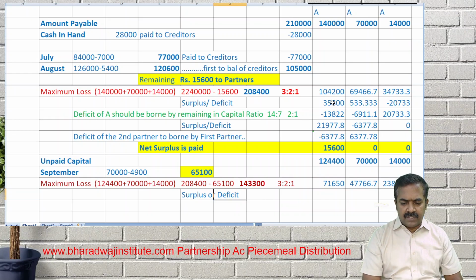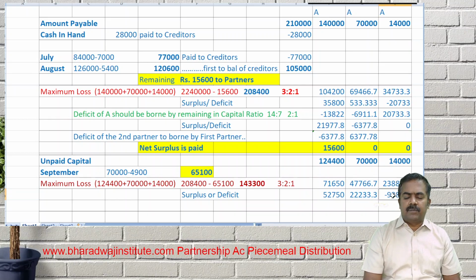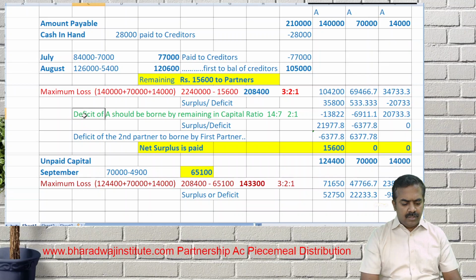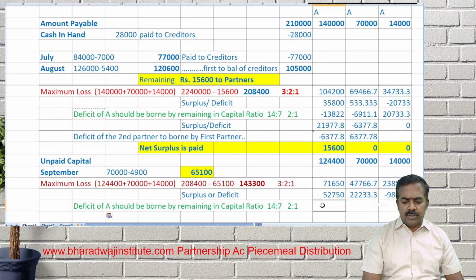Surplus or deficit? There is a deficit for the third partner. Again, the deficit of the third partner is to be borne by whom? The remaining partners in the capital ratio. Capital ratio means the same: 1,40,000 is to 70,000.